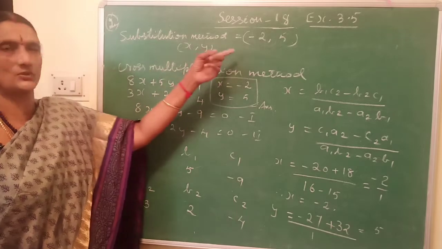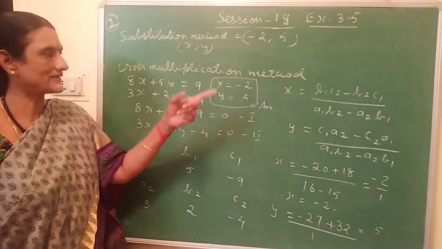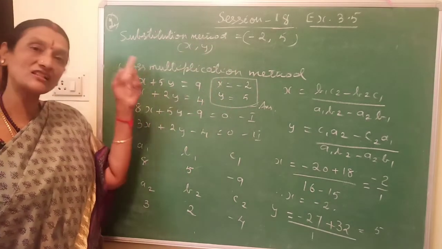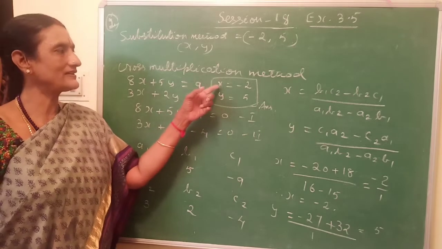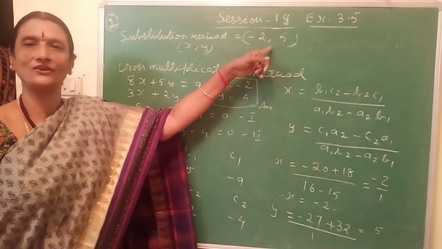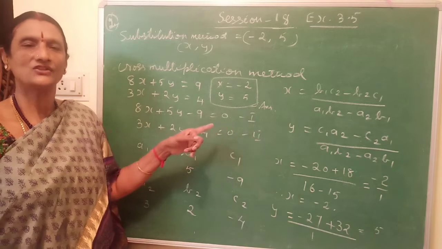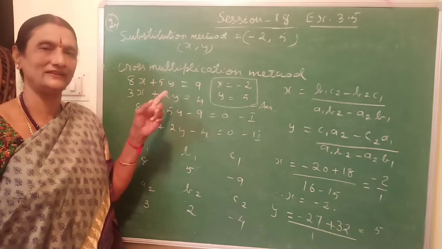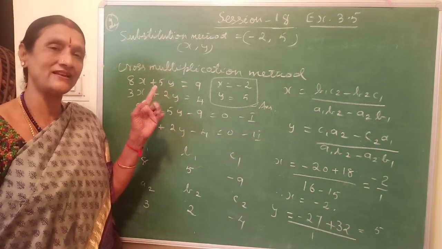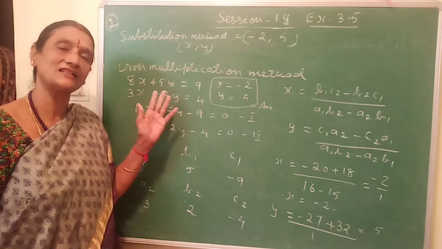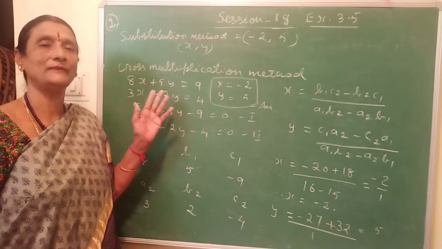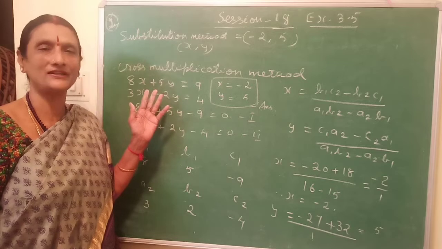One is the substitution method, and then the second is cross multiplication method. You get x is equal to minus 2, y is equal to 5, same as this value. So are you convinced? You can try in any method, but as I originally said, whatever method is asked, you have to try in that method from the examination point of view.